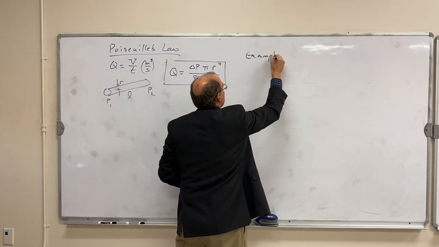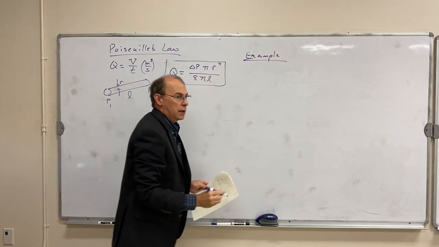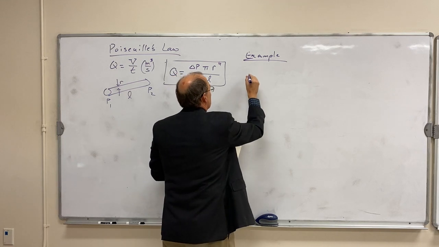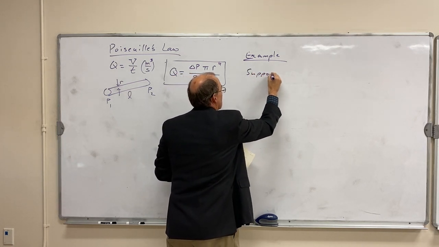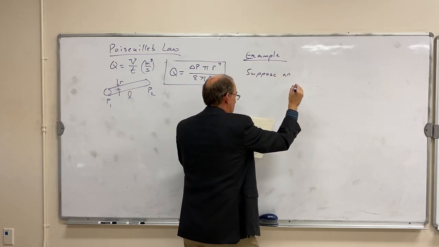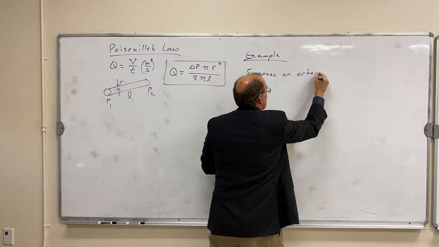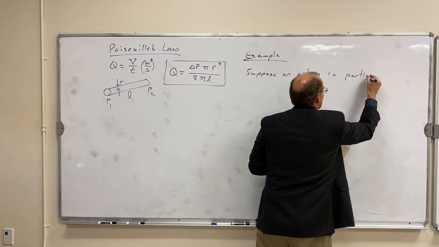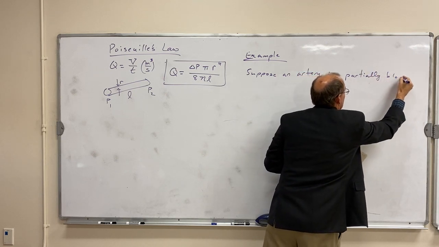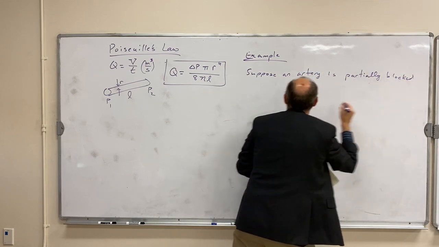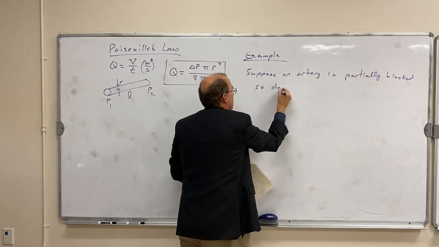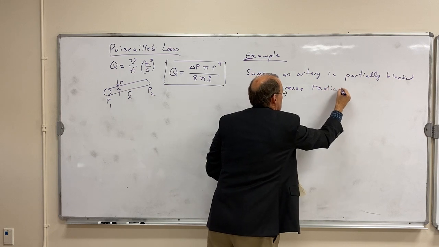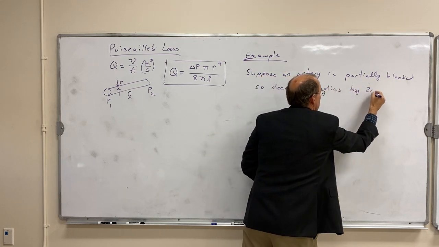Let's apply it to an artery that is partially blocked by plaque. So suppose an artery is partially blocked, so decrease its radius by 20%.